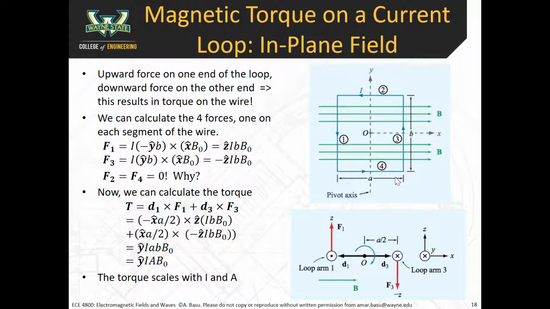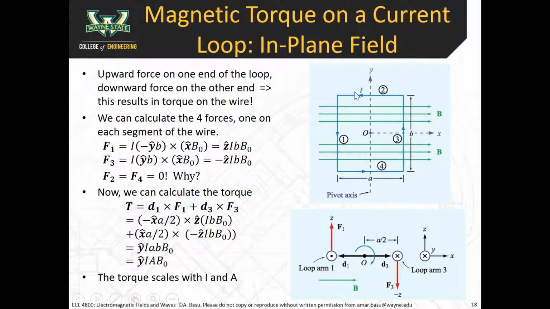So on one side of the loop there's a force pushing into the screen, and on the opposite side, on side 1, there's a force coming out of the page. One is going in, one is going out. That's what applies the torque and causes the loop to rotate. Opposite forces on opposite sides.